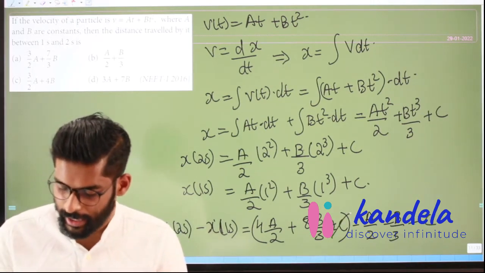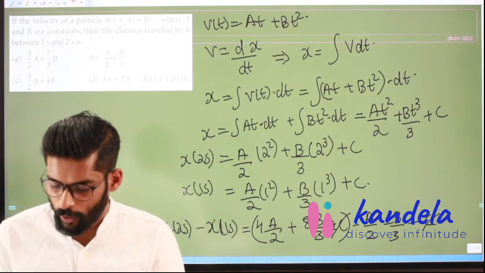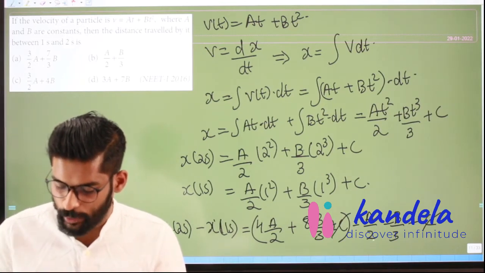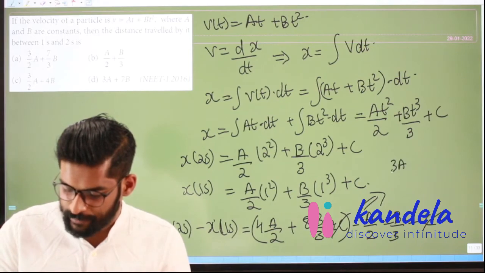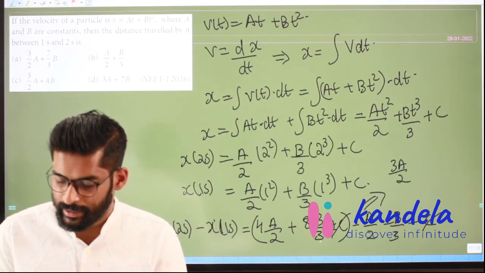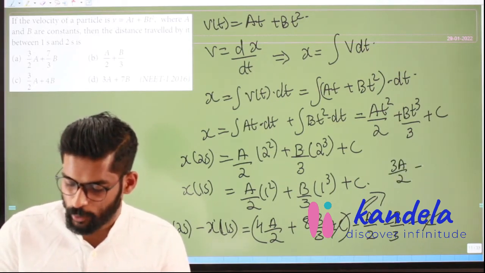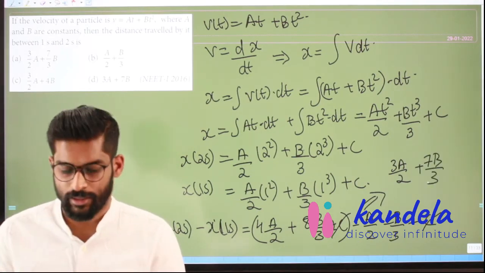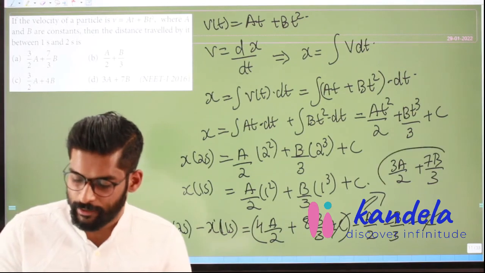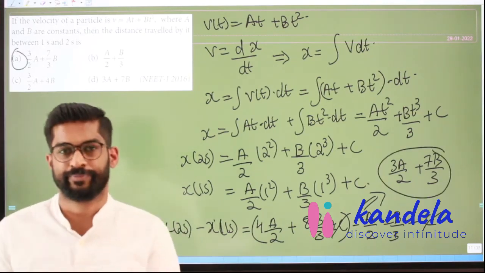Here c and c will get cancelled. 4a by 2 minus a by 2 will give you 3a by 2. 8b by 3 minus b by 3 will give you 7b by 3. So if you look at it, we have option A.